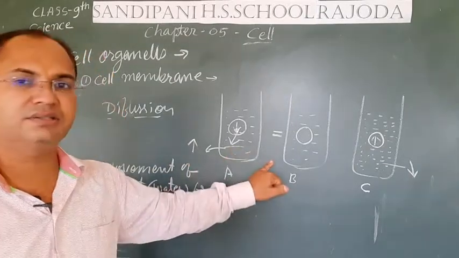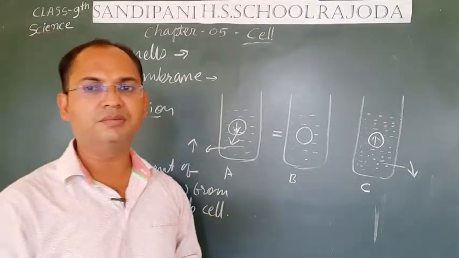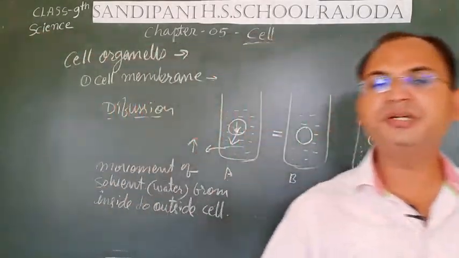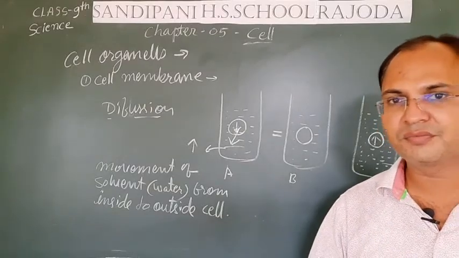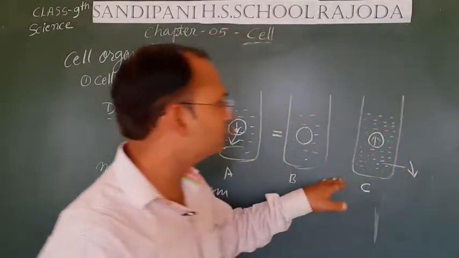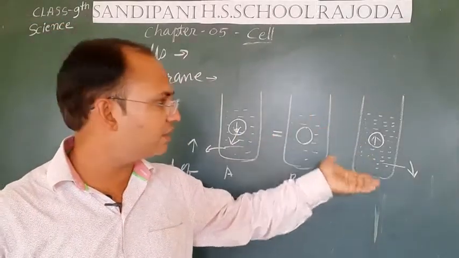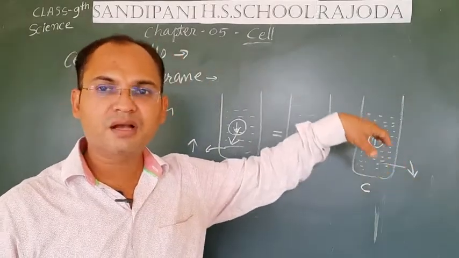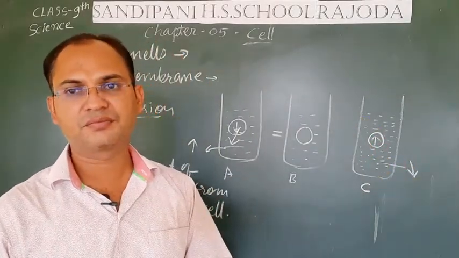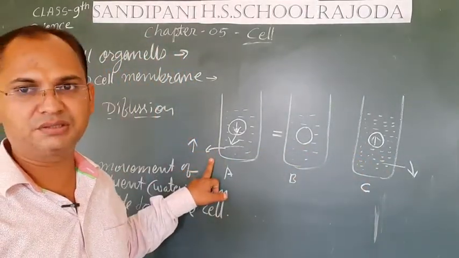In the second case, the cell will not shrink nor swell up, because there is no movement of water taking place either inside or outside the cell. But in the third case, students, where there is a higher concentration of water inside the cell and lower concentration outside the cell, just the opposite of the first case will take place.